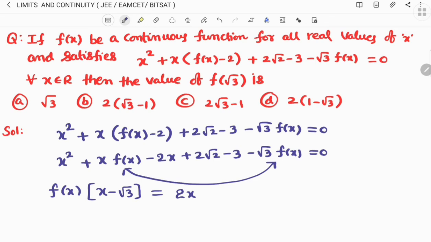Here it is 2 root 3, not 2 root 2. Even here also. So minus 2x we can take as plus 2x, and x square we can take as minus x square. And 2 root 3 minus 3 we are also taking to this side, so it becomes plus 3 minus 2 root 3.